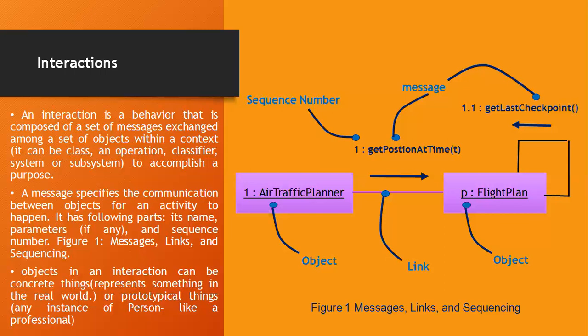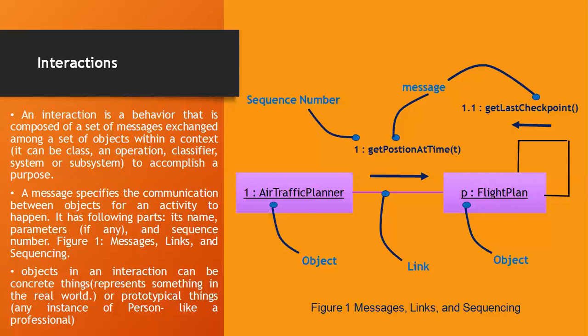In UML, the dynamic aspects of a system can be modeled using interactions, and these interactions contain messages that are exchanged between the objects. A message can be an invocation of an operation or a signal, and it may also include creation and destruction of other objects.